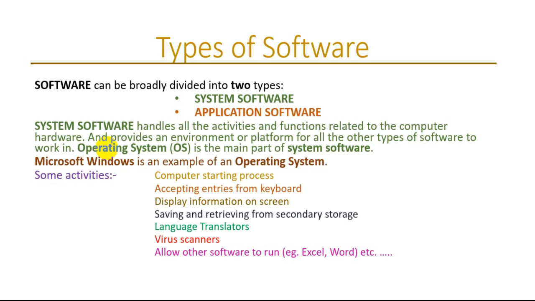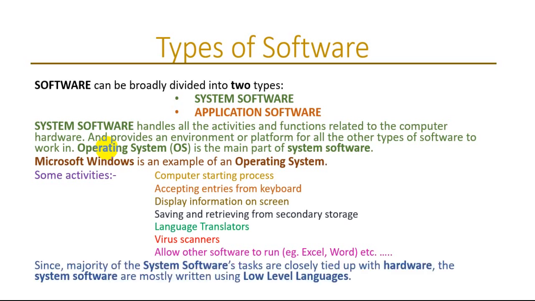So these are what the system software will do and make it possible for us to run our own things like Word and Excel and so on. As I already explained to you, the majority of the system software's task is closely tied up to the hardware, is talking to the hardware.